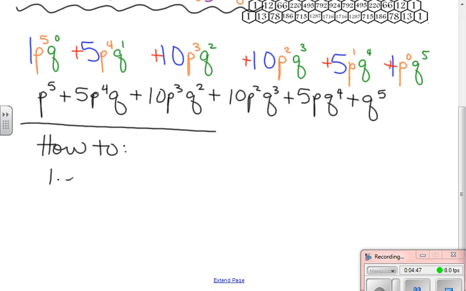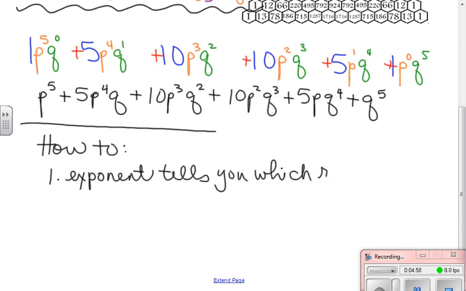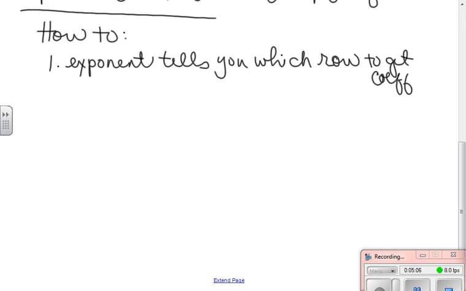Step 1: the exponent tells you which row to get your coefficients. Second step, write the coefficients with space between.